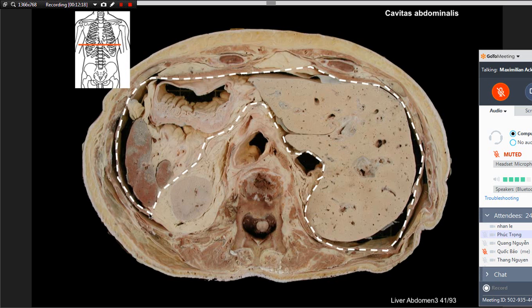So the retroperitoneal space is just here with the kidney, encircled by fat tissue, the aorta, and the cava.